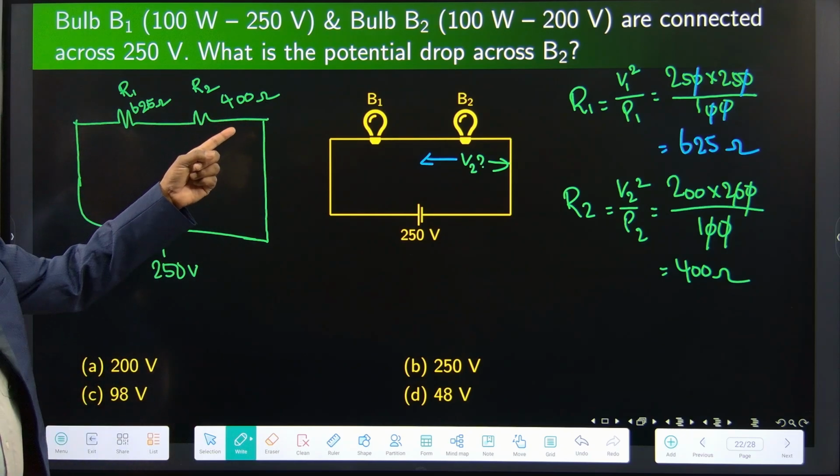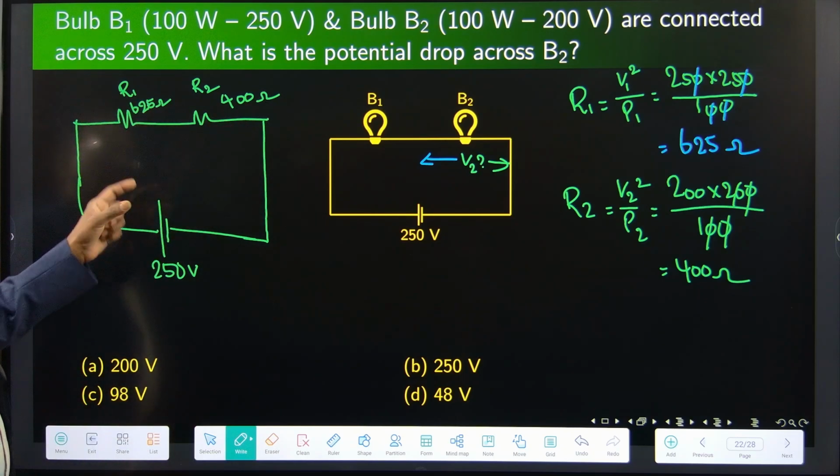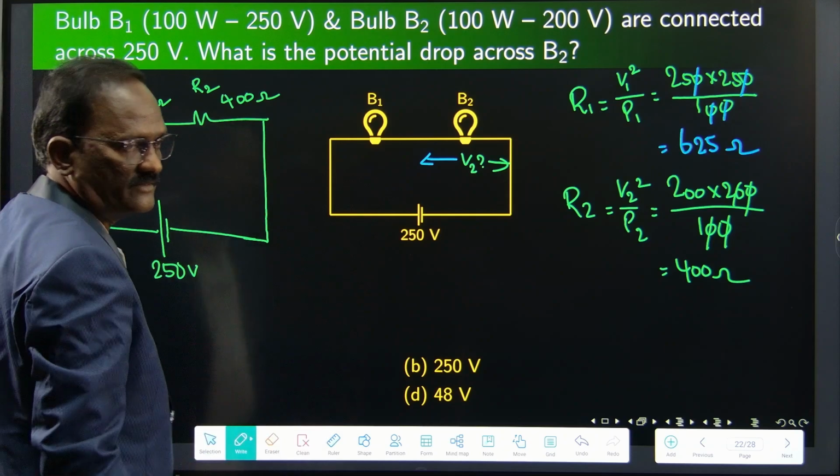Then these two are in series, so the current will be found, and the current into 400 will give the V2.